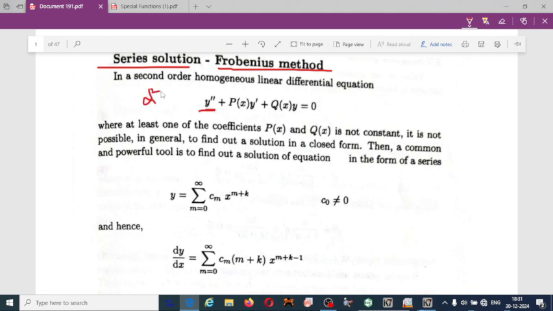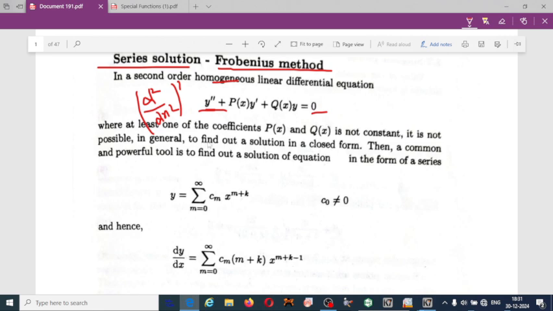This is the second order differential equation, which is homogeneous, meaning it must be equal to 0. Linear means it must consist of degree 1. Order 2, degree 1, okay, and it should not contain any product of the independent variables. So this is the homogeneous linear differential equation.